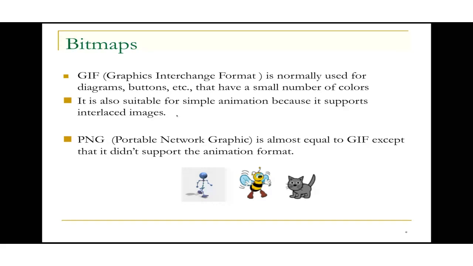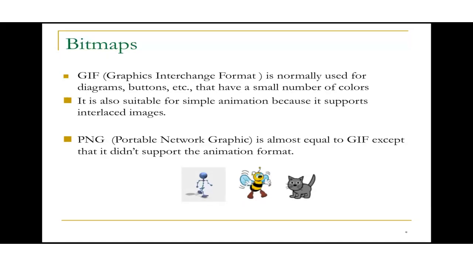Now, interlaced images is mainly about making images appear on the screen. It does not show every detail immediately. It starts with fewer details, and then it continues to improve the details until the full details of the image are finally displayed on your screen.